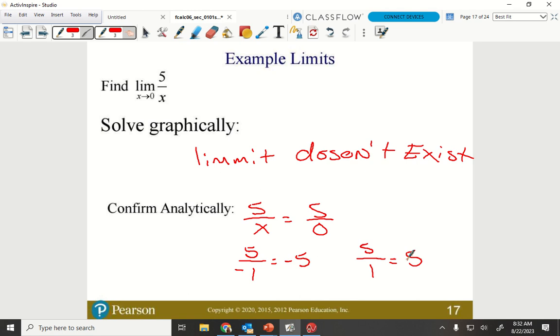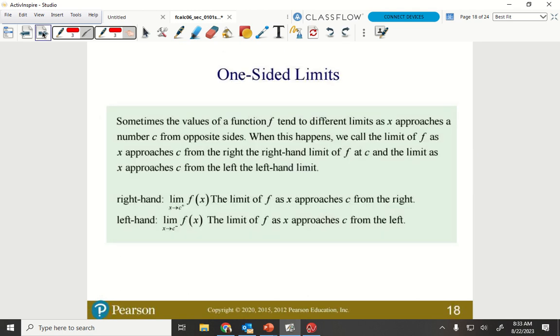So by picking numbers to the left side and to the right side, because for a limit to exist, the left side and right side both have to go to the same number. But if you notice, the left side at negative 1 is going towards negative 5. But as I get closer and closer to 0, it's going to get even larger negative numbers. On the right-hand side, same thing's going to happen. As I get closer and closer to 0, that one's going to get larger and larger numbers. So that one is not going to exist.